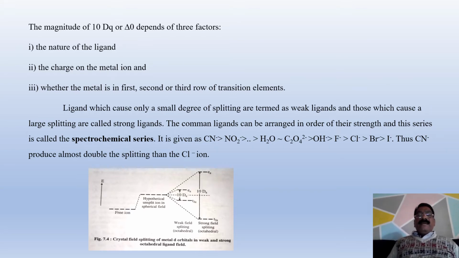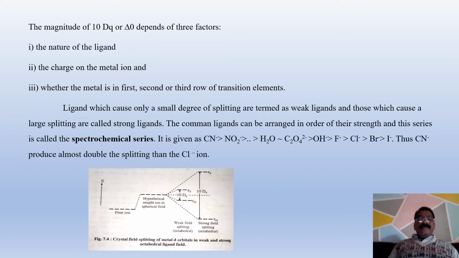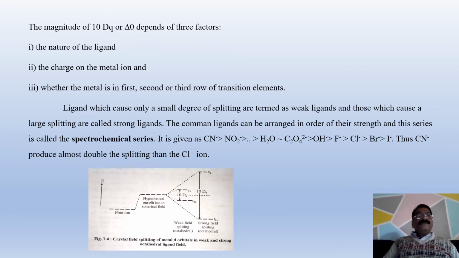So CN- is a strong ligand while Cl- or I- is a weak ligand. See in the figure there is the splitting. At the center, where the splitting is small, it is due to the weak field, and the splitting which is large is called the strong field splitting. That is, the difference between t2g and eg, 10 Dq, is small in one case and large in the other.